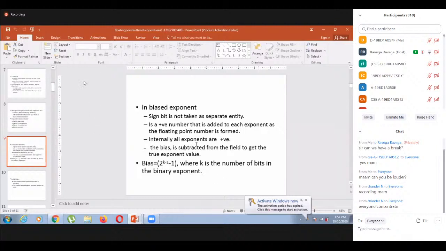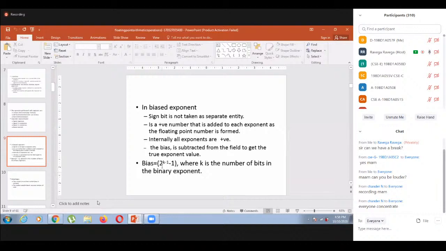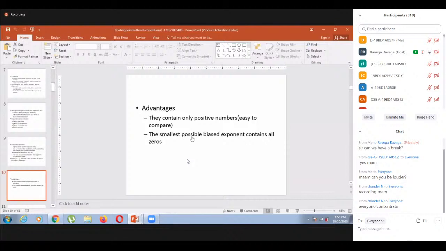So internally all exponents are positive. That is called biased exponent values. The bias is represented as 2 power k minus 1, minus 1, where k is the number of bits in the exponent. The advantage of the biased numbers is that it contains only positive numbers.